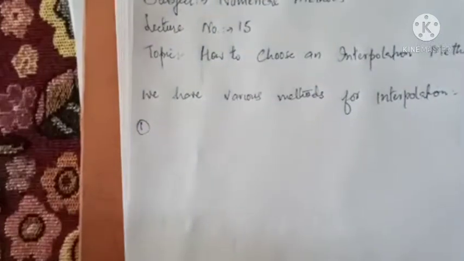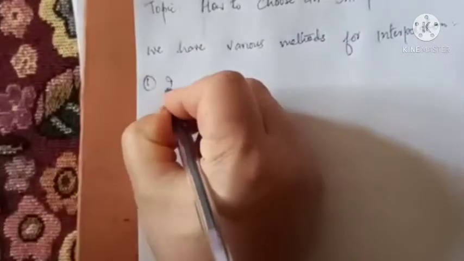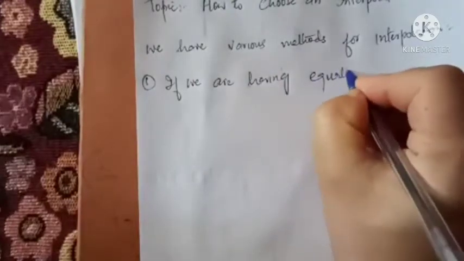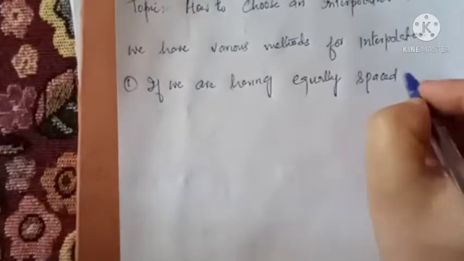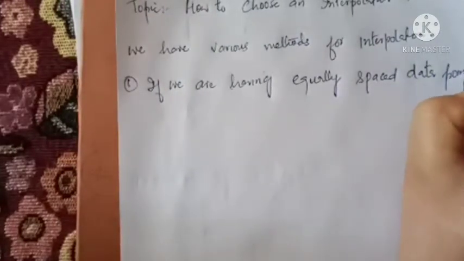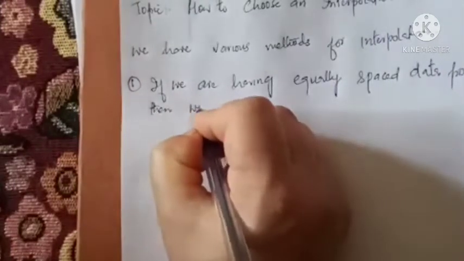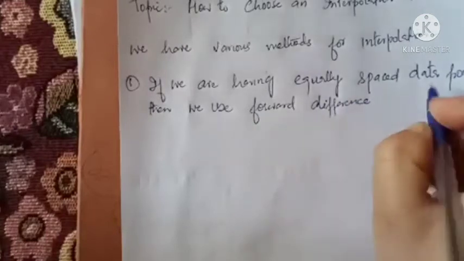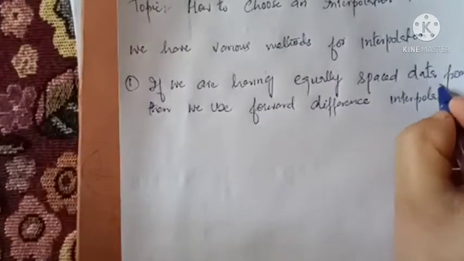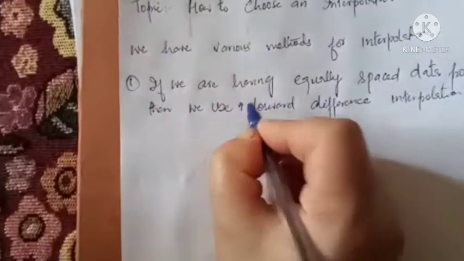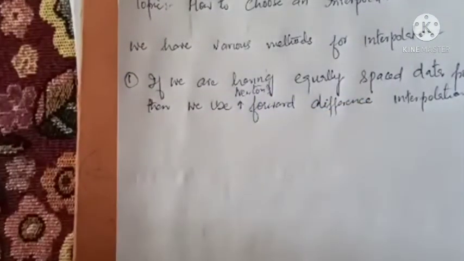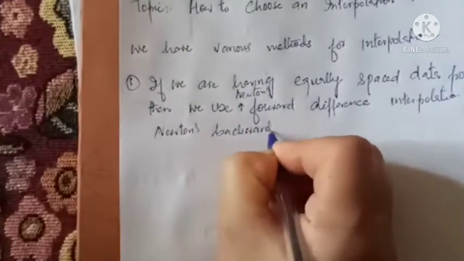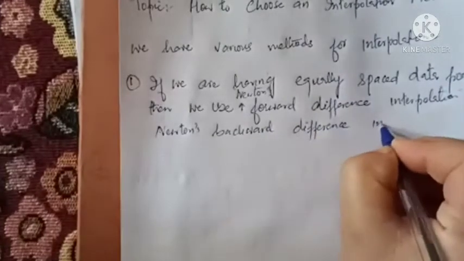Number one, if we are having equally spaced data points, then we use forward difference interpolation, or we use Newton's forward difference interpolation, or Newton's backward difference interpolation method.